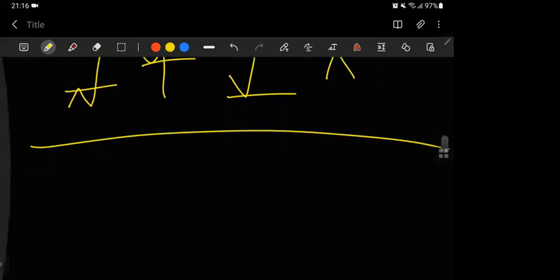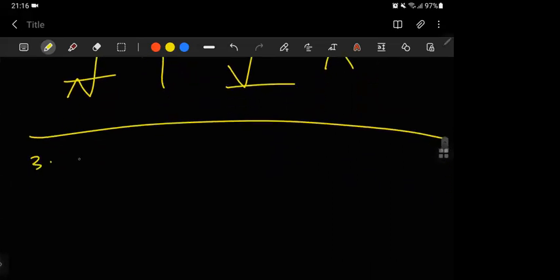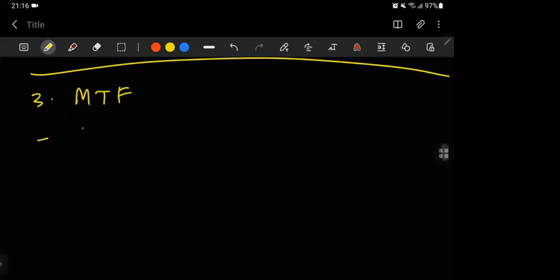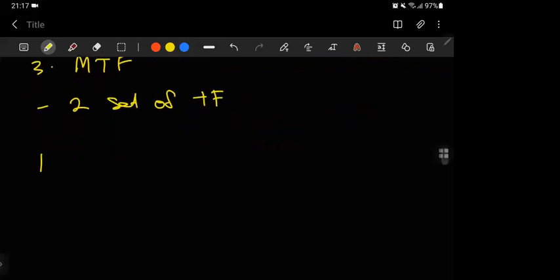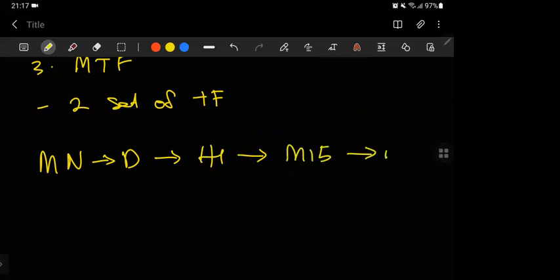So, multi-time frame. Two sets of time frames. Monthly, H1, M15, M1.